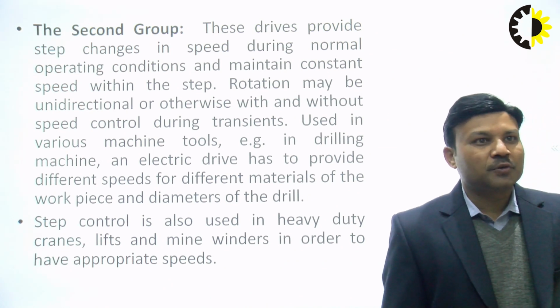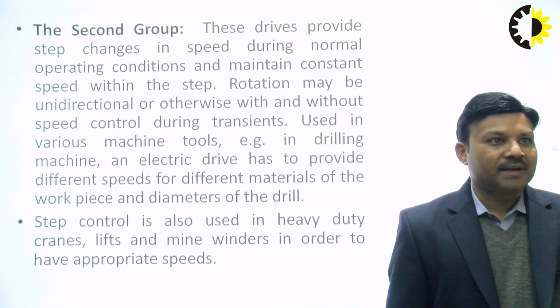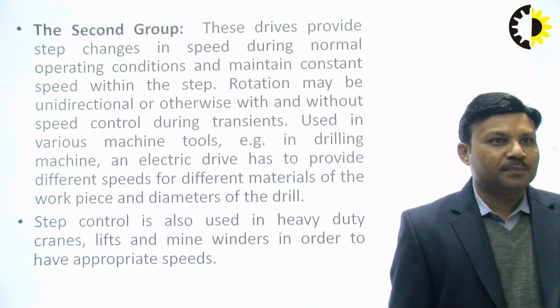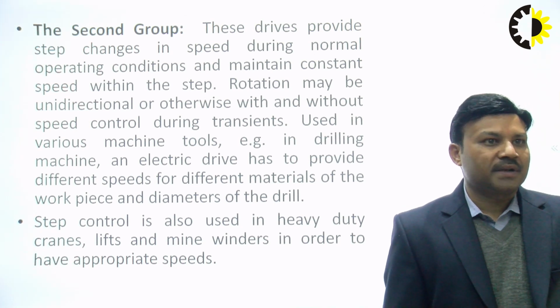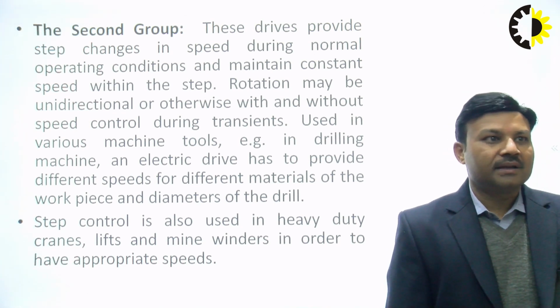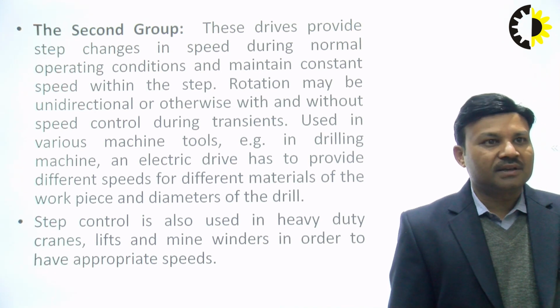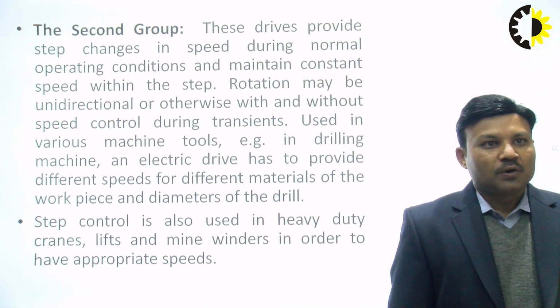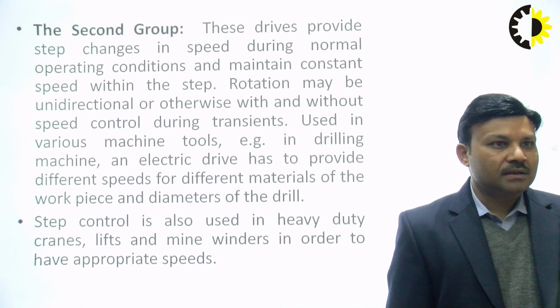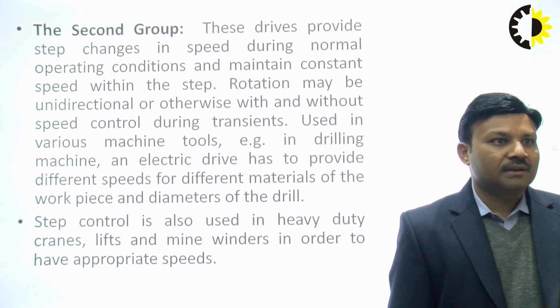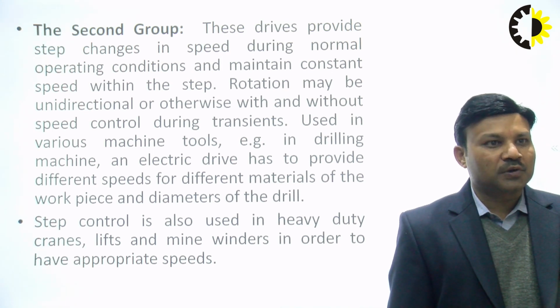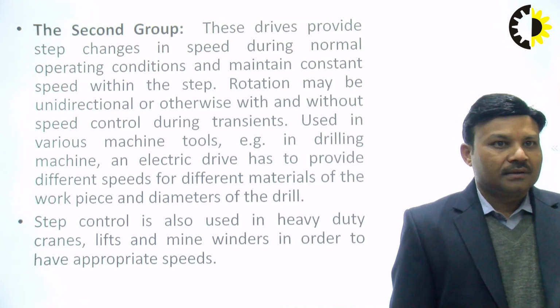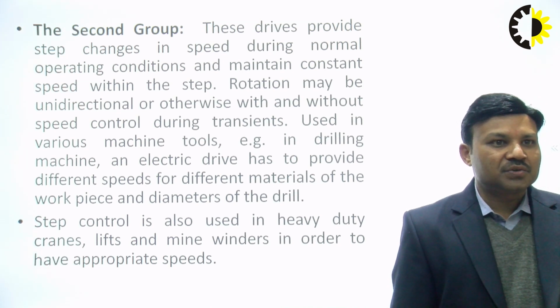In the second group, these drives provide step changes in speed during normal operating conditions and maintain constant speed within the step. Rotation may be unidirectional or otherwise, with and without speed control during transients. It is used in various machine tools.